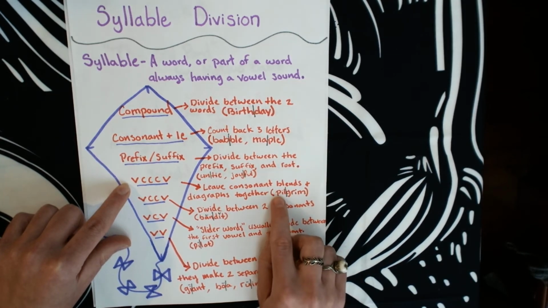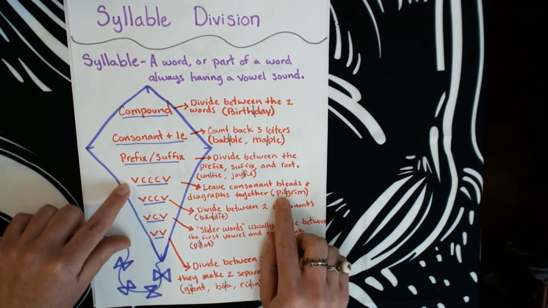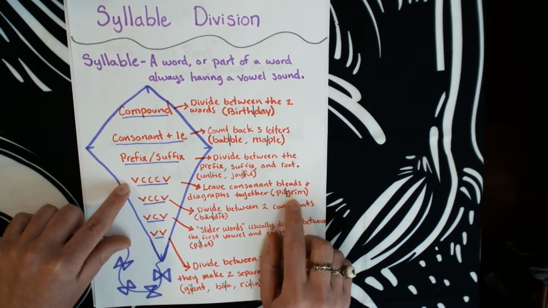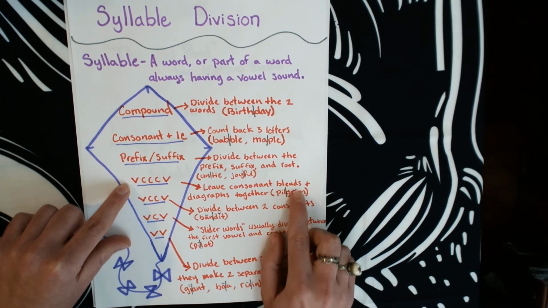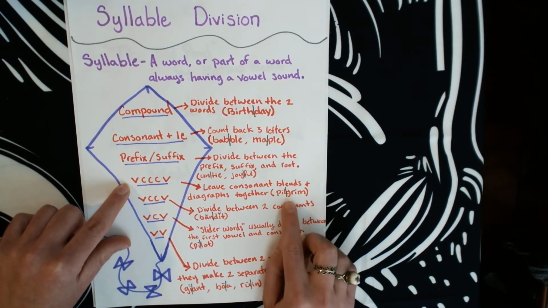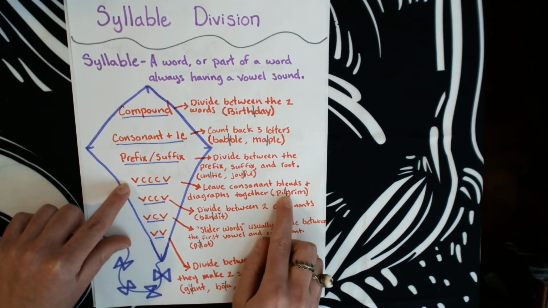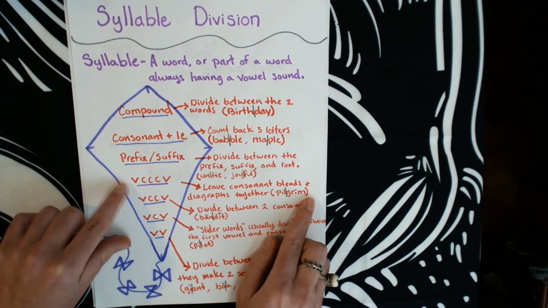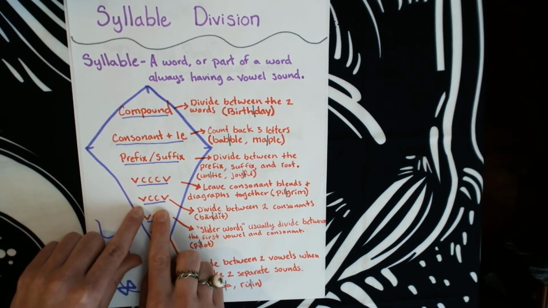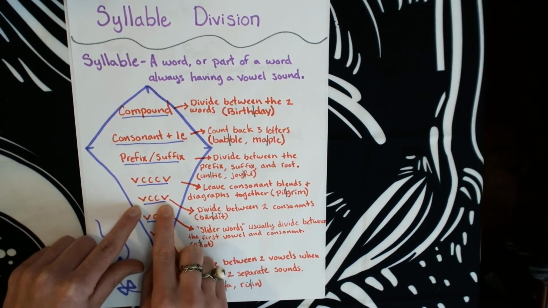So if I'm looking at the word pilgrim, I have my vowels, my I's, and I see 3 consonants in between. I notice that GR is a team that works together. So I'm going to divide between the consonant L and the consonant G. So it's pilgrim, pilgrim.